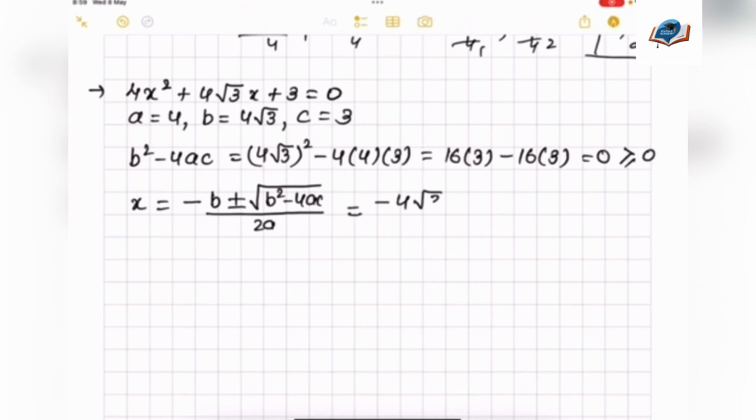The reason is because b square minus 4ac is 0, so plus or minus root will be of no use. So minus 4 root 3 upon 2 into 4. So 4 cancel. So my answer is minus root 3 by 2.